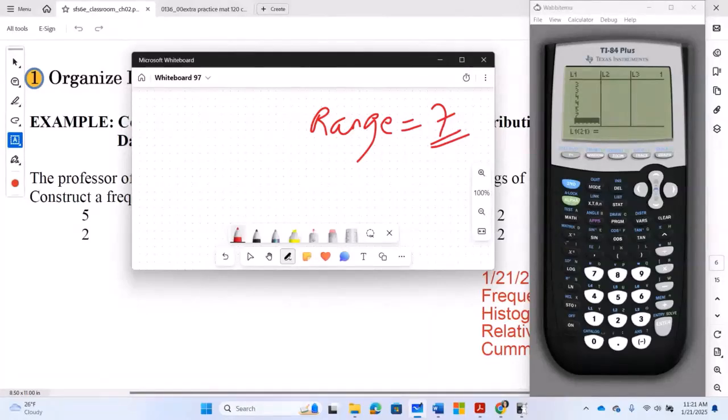Whenever I'm trying to construct a frequency distribution table, I have to find the range, and I have to decide the number of classes I want. I actually want 4 classes, which means I will divide the range by the number of classes. So 7 divided by 4.